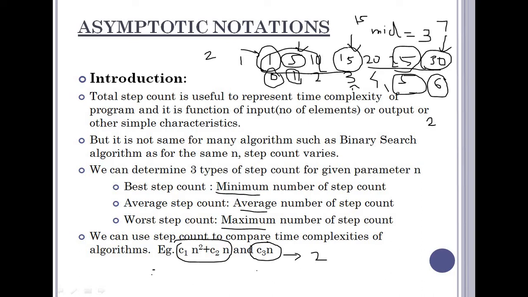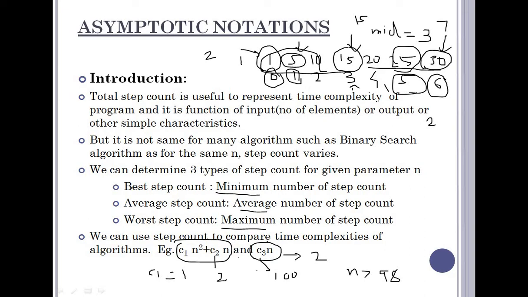Take the example where C1 is 1, C2 is 2, and C3 is 100. You can see that when n is greater than 98, my C3n is always smaller than my C1n square plus C2n.